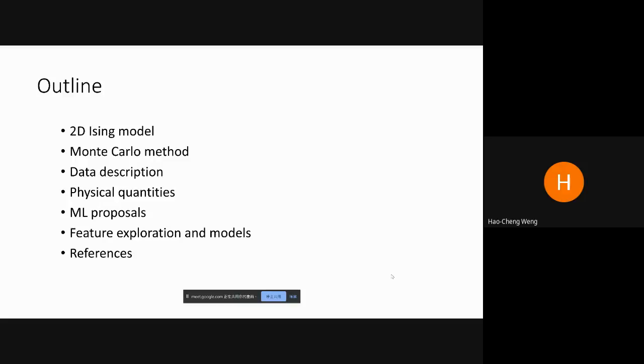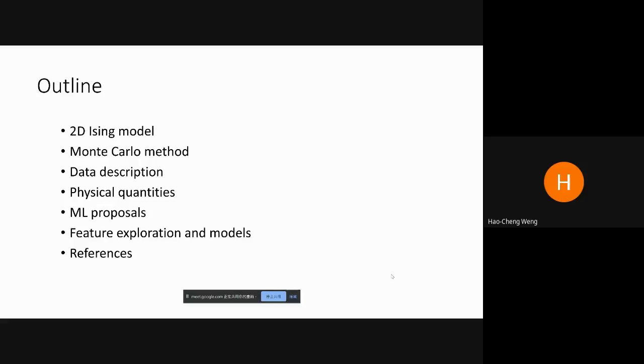Also, we are going to introduce a simulation method called the Monte Carlo method. Through the Monte Carlo method, we can get the data we need to find out the phases of these spin configurations and do the machine learning. After that, we'll talk about the data that we'll use in the machine learning.